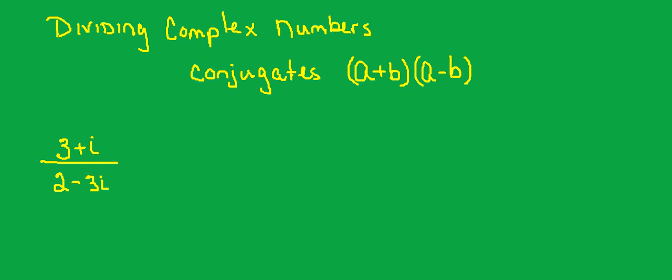Alright, our next topic here is dividing complex numbers, and as a reminder, we multiply the denominator by the conjugate of the binomial, whatever is there in the denominator. So as a reminder, the conjugate of a plus b is a minus b.